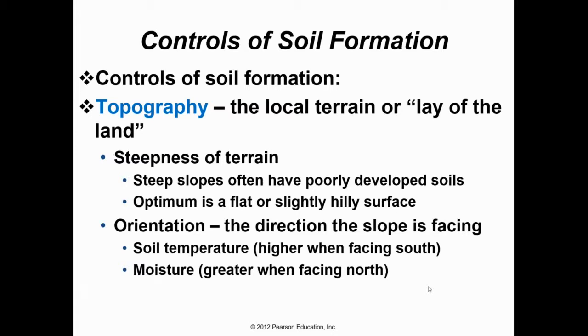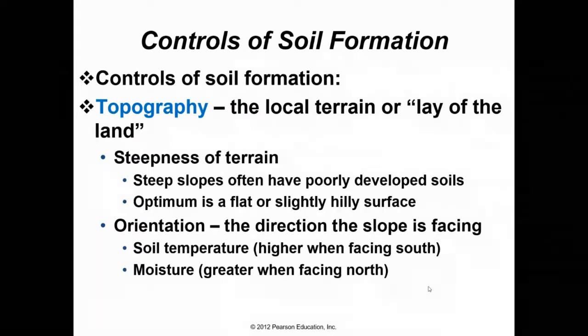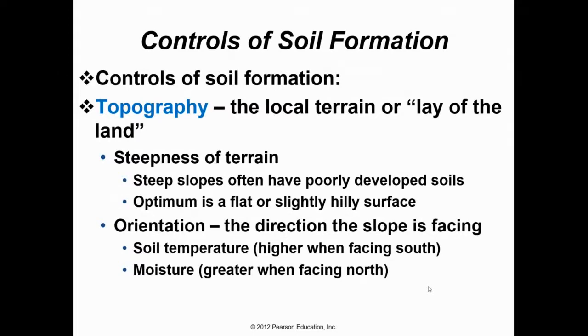And orientation also plays a role as well. So when you have a slope that's faced southward, you're going to get the heat of the sun. So that means that the soil on the south slope is going to be typically warmer and drier. Okay, north slope, where the sun does not directly face at any point during the day, the soil is going to be moister and cooler, and those conditions are a little bit better for growing things.